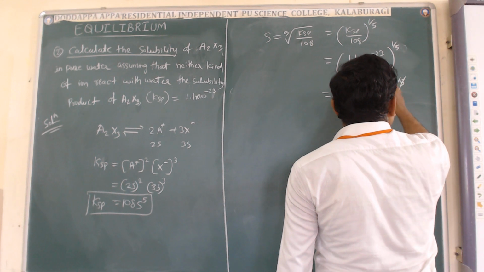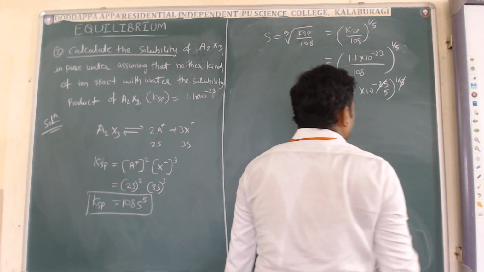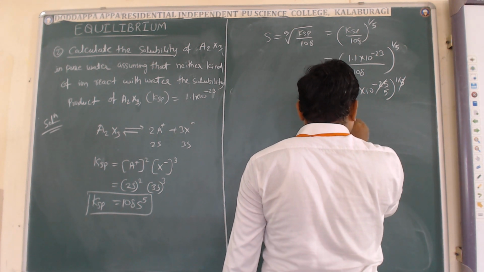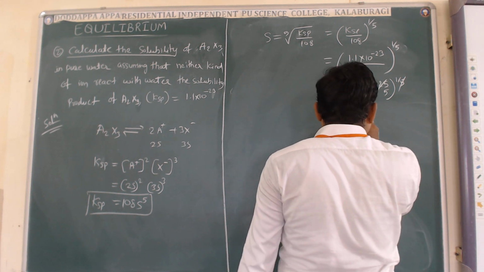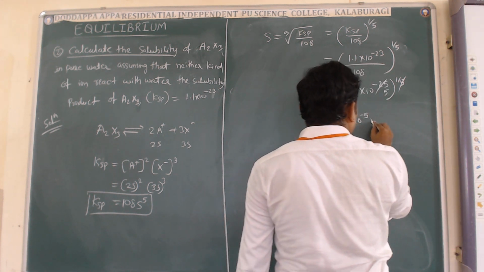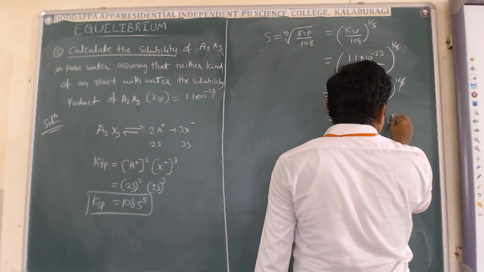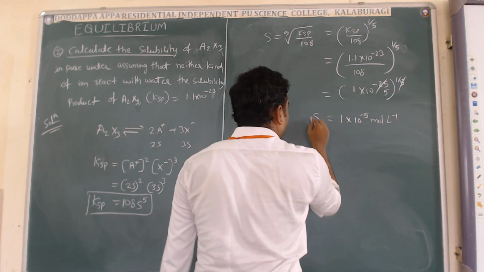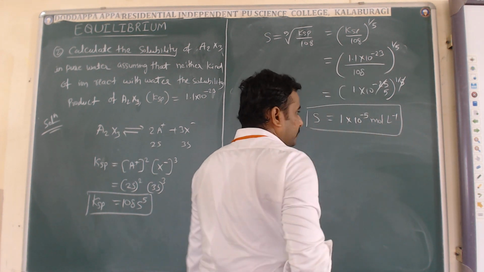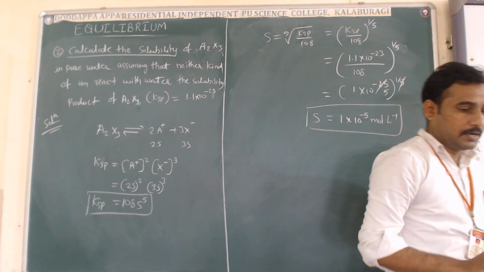The 5 fives are 25 and cancel each other here. Then you are getting the answer 1 into 10 raised to minus 5 mole per liter. That is the solubility. S is equal to 1 into 10 raised to minus 5 mole per liter.